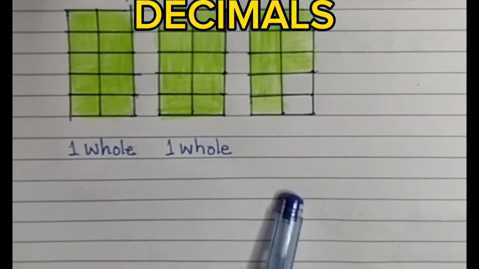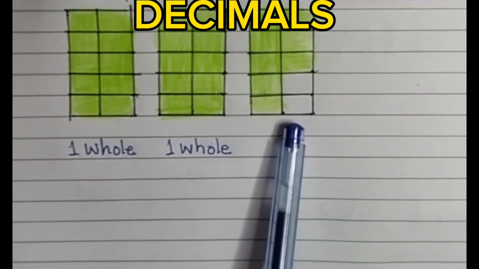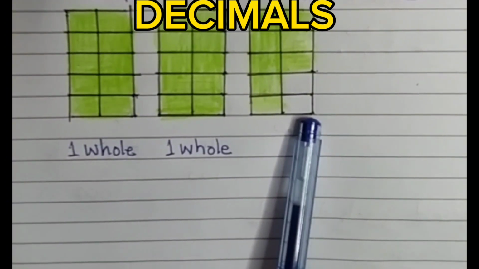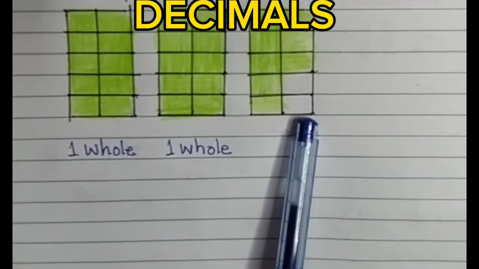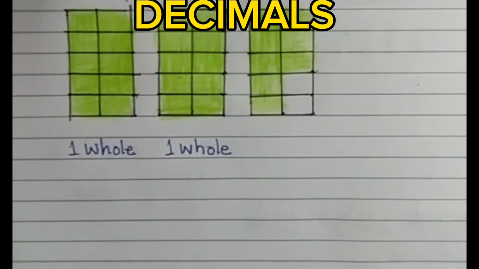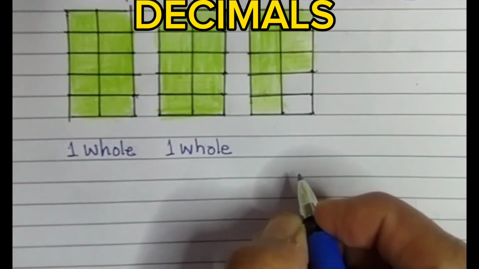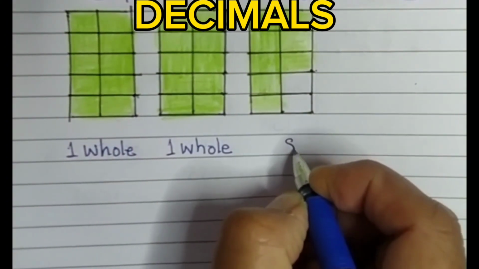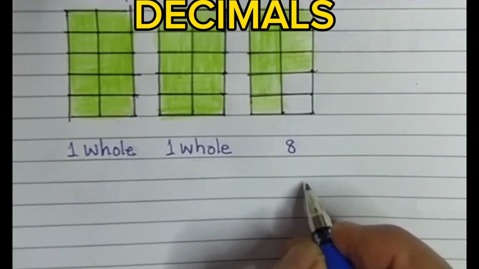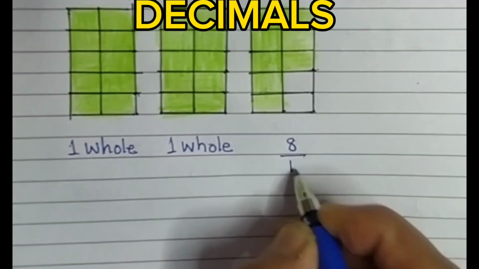Moving on to the third figure, it too has the 10 parts there, but how many parts are shaded? 8 parts are shaded. So when 8 parts are shaded, how do you write this? If I write this as a fraction, I will write 8 upon 10.